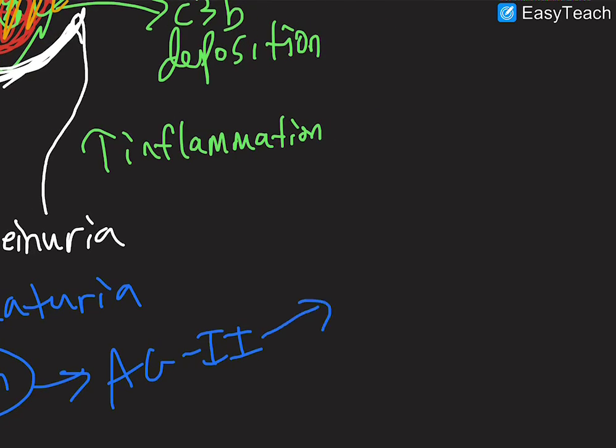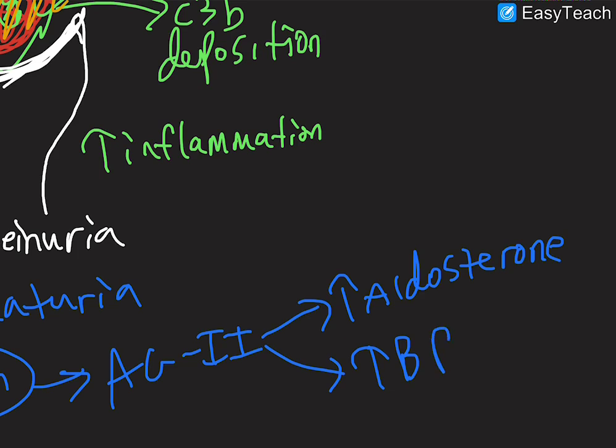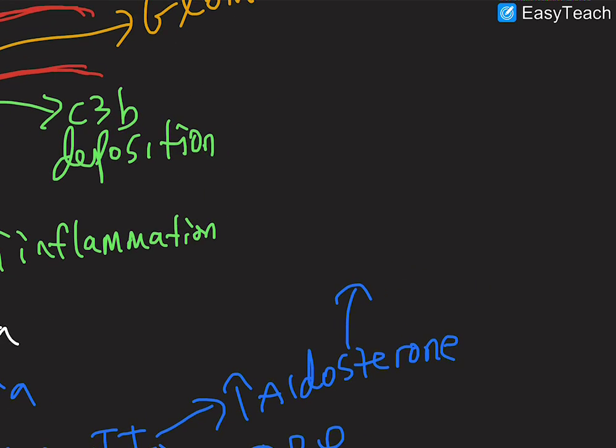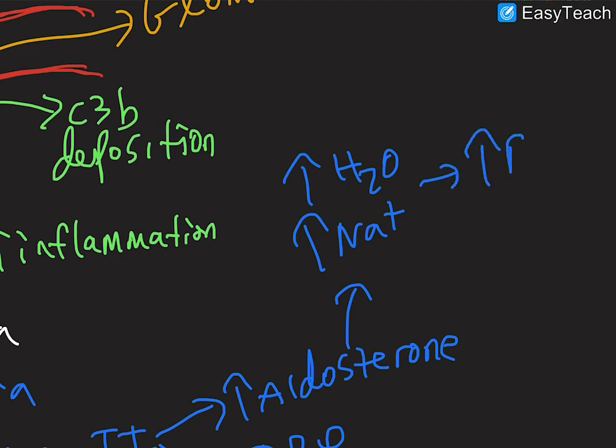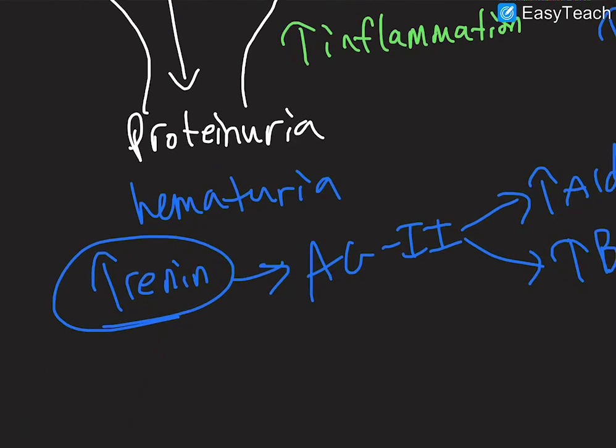And that can lead to the increased release of aldosterone, and angiotensin 2 itself can increase blood pressure too. And aldosterone, we know, increases reabsorption of sodium and water, which can increase blood volume, which can also increase blood pressure. So with this kidney damage, you can get hypertension too, right? Along with proteinuria and hematuria.